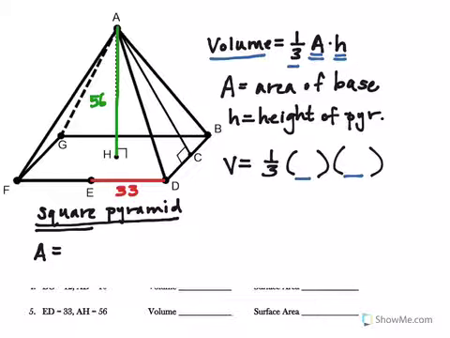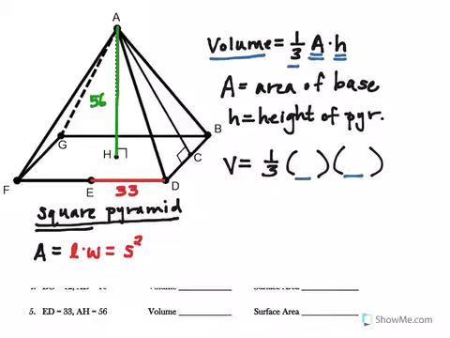So the area of the base: because the base is a square, the area of a rectangle is length times width, but because it's a square, both the length and the width are the same, so it's side times side, or side squared.